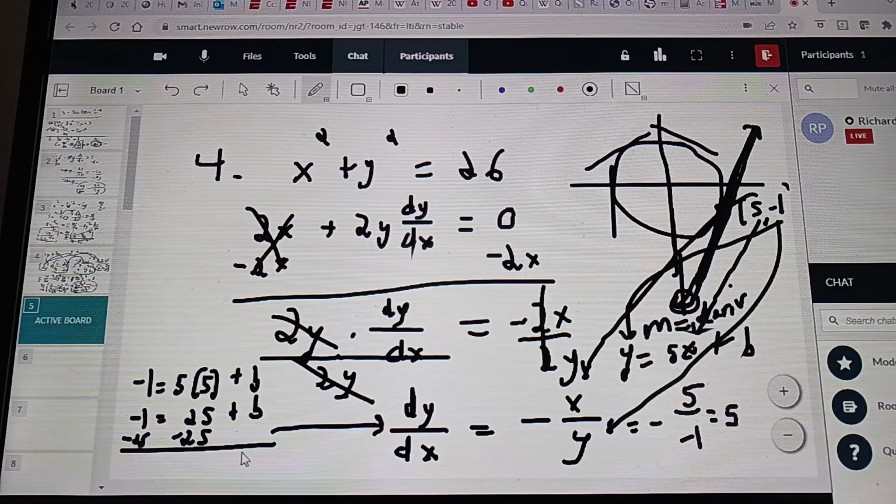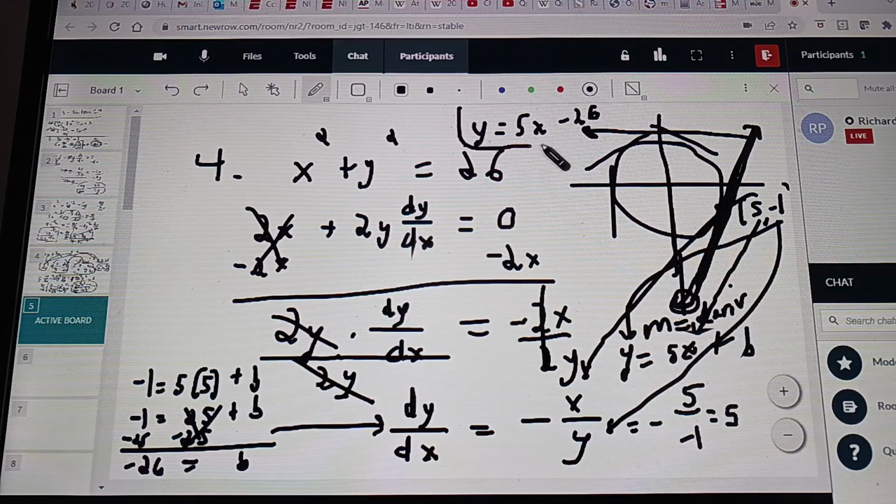It's actually -26, not -10. I was just trying to eyeball it, but it actually makes sense because you're going down 5 over 1, so you're going to be doing a lot of down 5s. -26. So the equation of this tangent line right there is y equals 5x minus 26. It's got a slope of 5 and a y-intercept of -26.